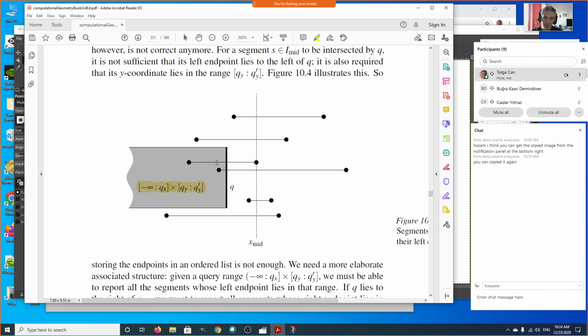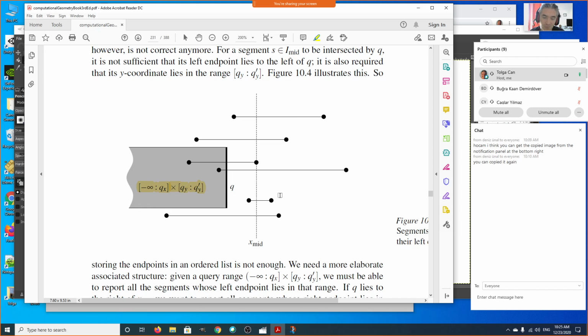But in the subproblem, we are looking for line segments that cross the left boundary. So we are going to report this one. It may be the case that, for example, if it was like this, it will still be identified because its endpoint is inside. So it may be a query window like this, a long rectangle. But since we are focusing on the subproblem, we don't need to visualize the original problem here.